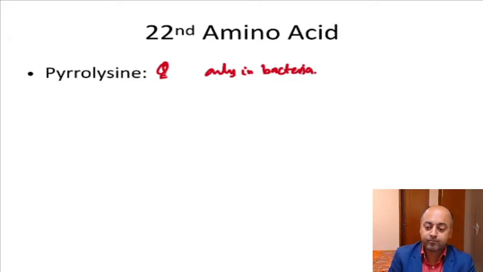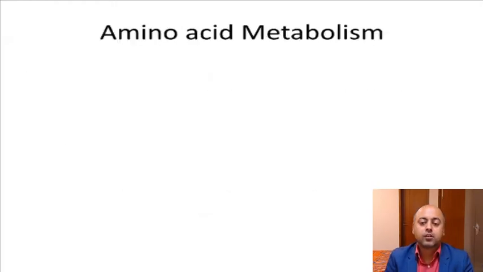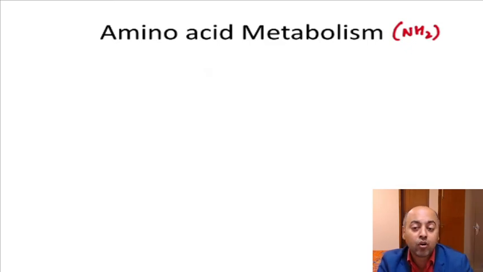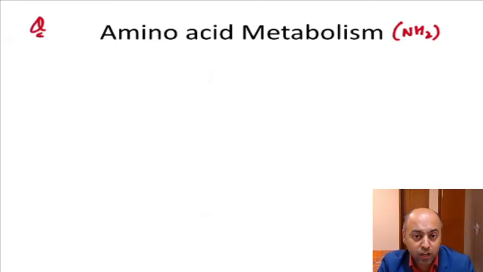Okay. So now we quickly go on to the metabolism, or you can say disposal, of the amino group of the amino acid. This is the one from where we are going to get maximum questions in the amino acid for our exam.